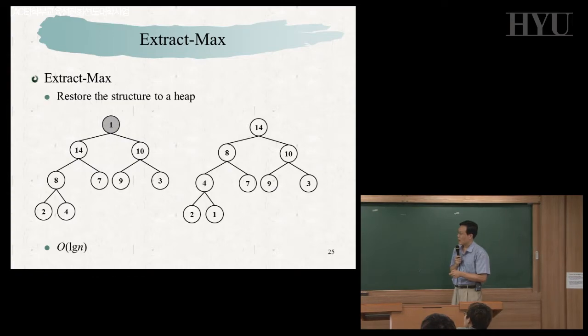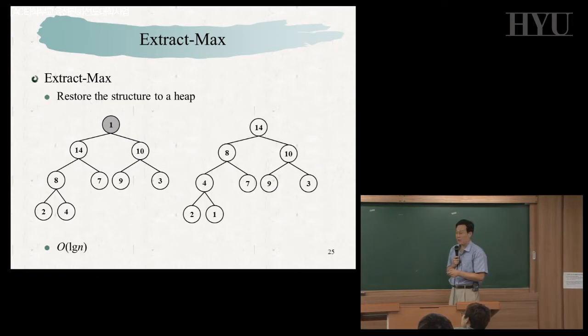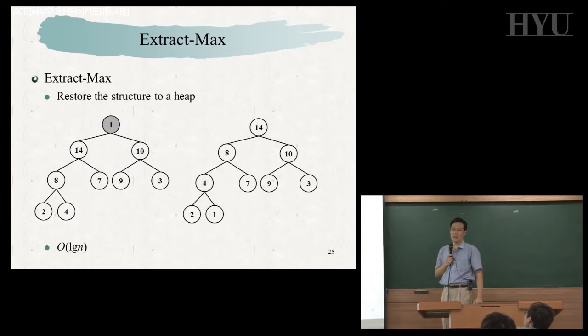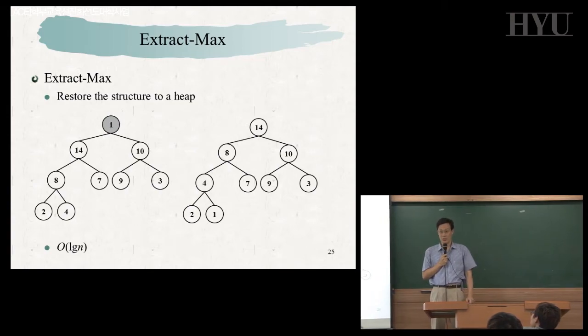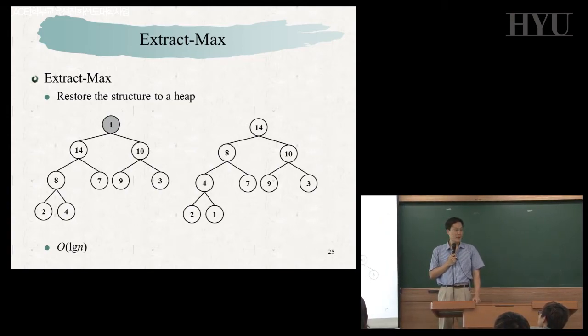And then change 1 and 8. 8, and change to 1 and 4. 4. Yes, it floats down this path. Then we get a new heap. And obviously, its running time is big O of log n.